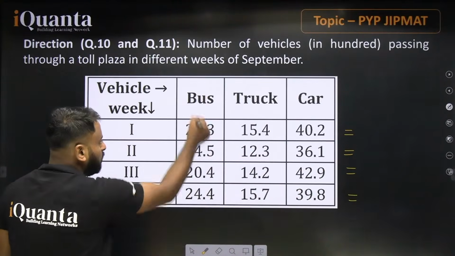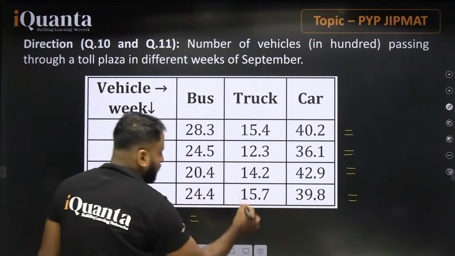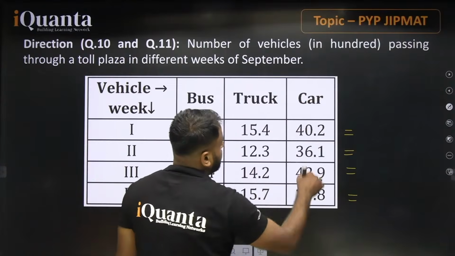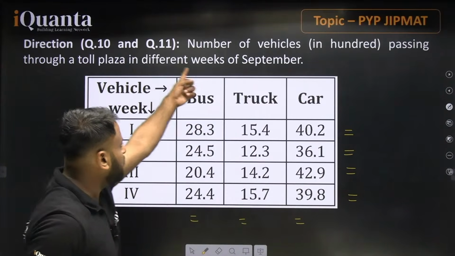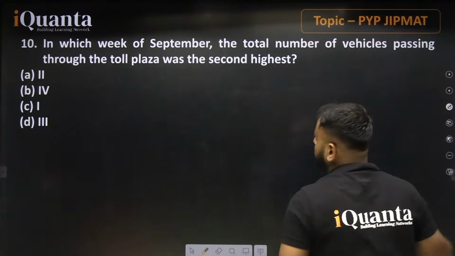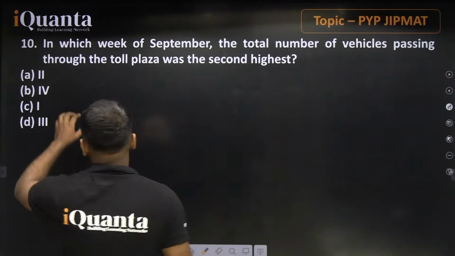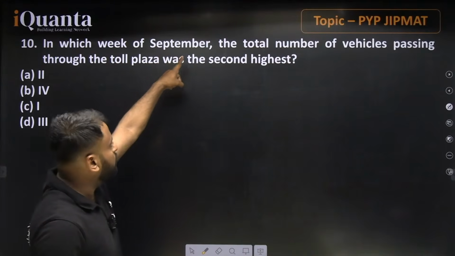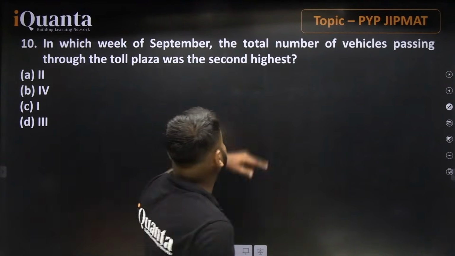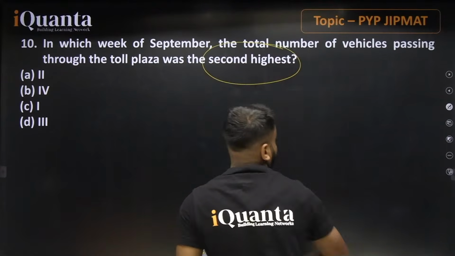Similarly, total number of buses, trucks and cars passing the toll plaza in the month of September. This is the data which is mentioned, right? But we don't have to go for the entire information, as the question says in which week of September the total number of vehicles passing through the toll plaza was the second highest. Beta, remember, second highest, right?